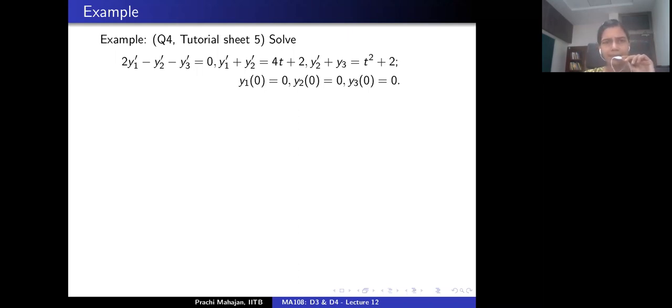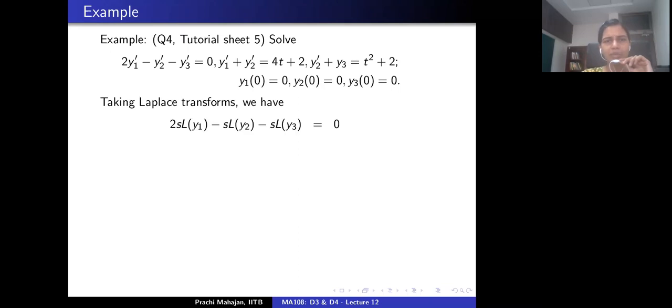Again, we will apply the Laplace transform, assuming that the solution y1, y2, y3 satisfies the required conditions. So what do I get? This is the Laplace transform of the derivative of y1, which means I will get s times the Laplace transform of y1 minus y1 evaluated at 0, which does not contribute because all of these are 0.